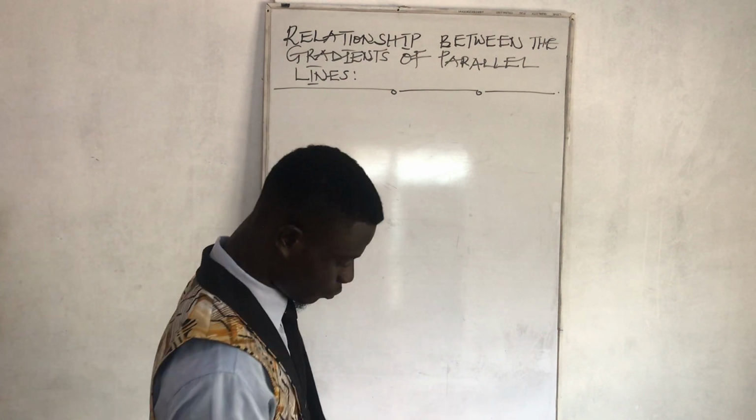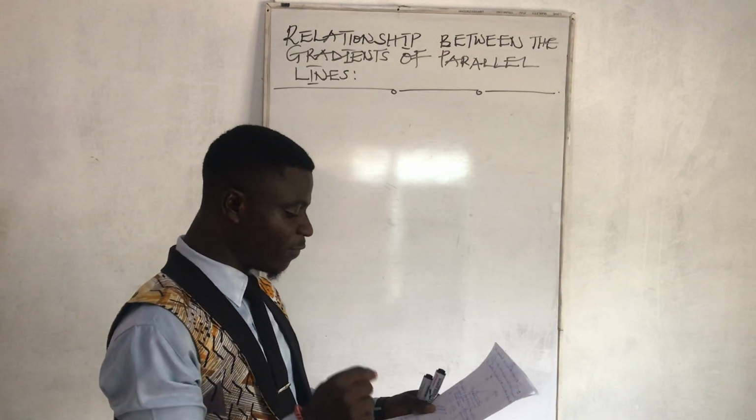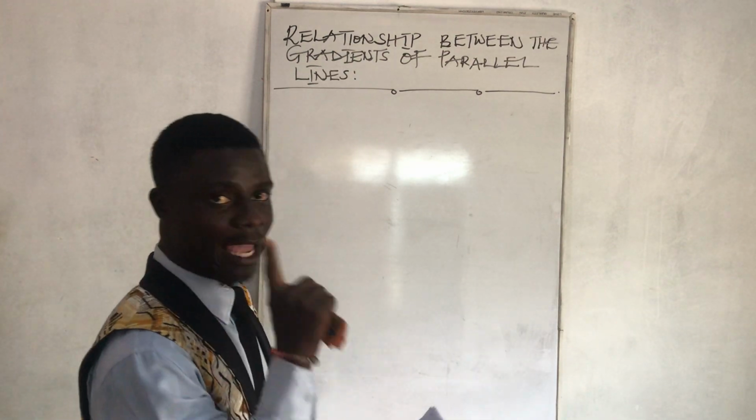So let's start. Two or more lines are said to be parallel if they cannot converge at a point.